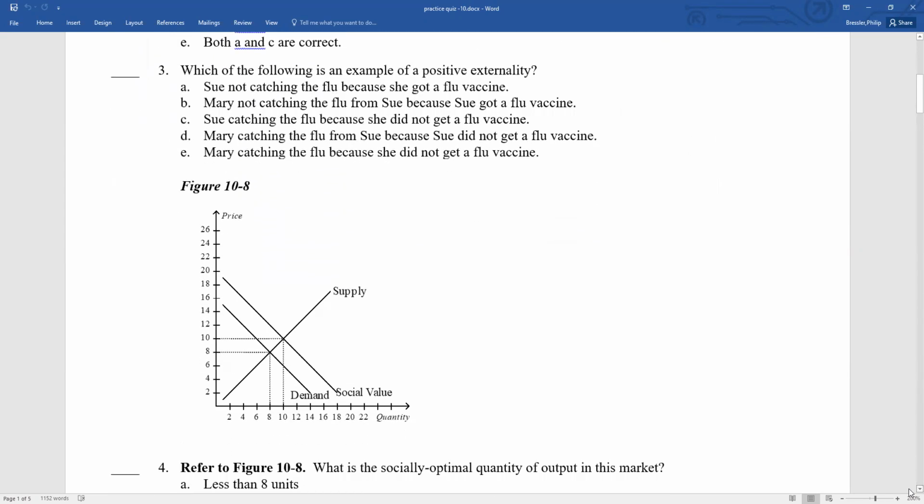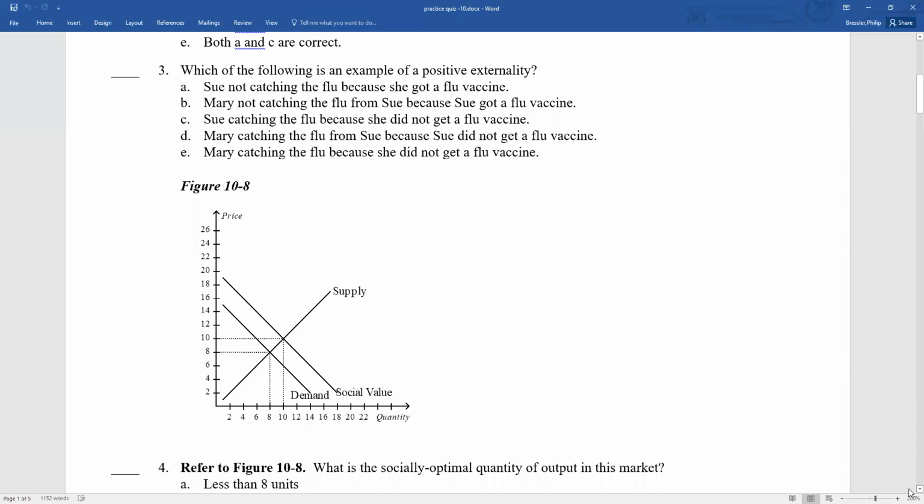Okay. Three, which of the following is an example of a positive externality? It's going to be B as in broccoli, Mary not catching the flu from Sue, because Sue got the vaccine and the third party, Mary, benefited. Now what they could do is turn this into a negative externality, and that might be Sue got lung cancer from secondhand smoke from Mary smoking cigarettes.